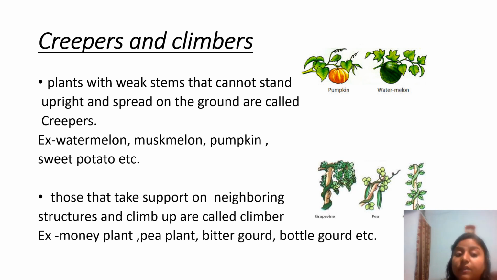Plants with a weak stem that cannot stand upright and spread on the ground are called creepers. आपने अपने सराउंडिंग में ऐसा देखा होगा कि पंपकिन और वाटरमेलन के प्लांट्स का स्टेम ट्रीज, हर्ब्स और श्रब्स की तरह नहीं होता, ये ग्राउंड पे फैल जाता है, स्प्रेड कर जाता है। So there are some examples like watermelon, muskmelon, pumpkin, sweet potato.